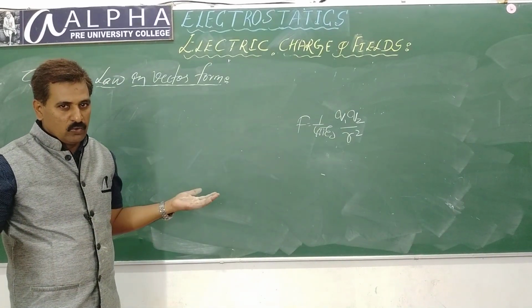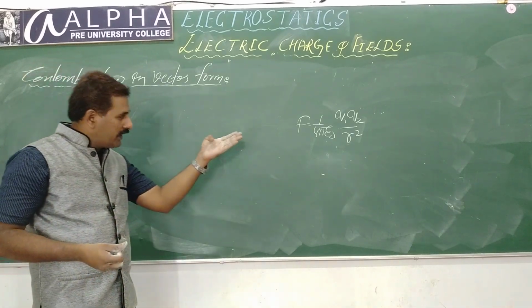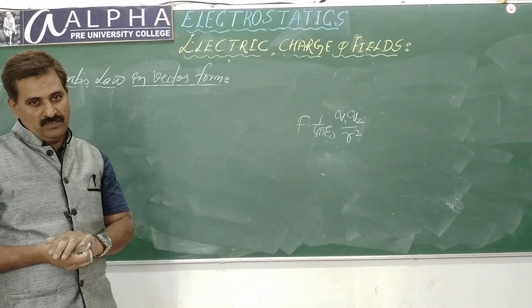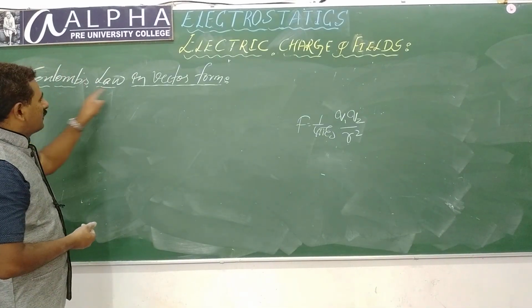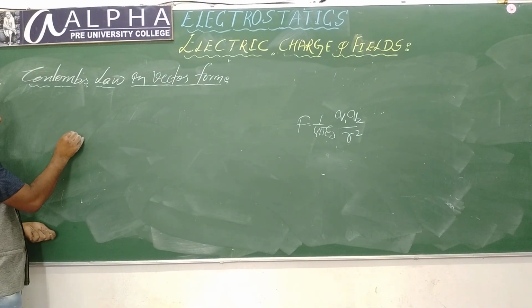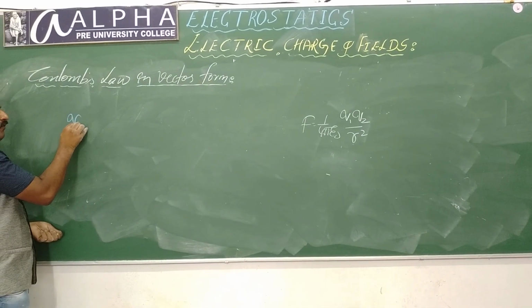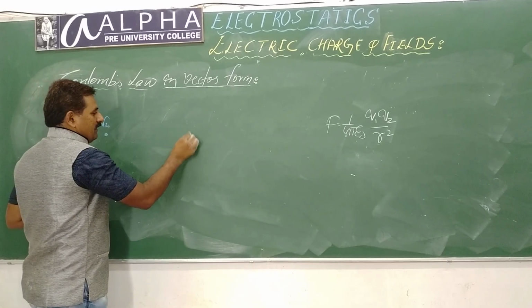We are dealing with Coulomb's law, which deals with electrical force. That's why we need to assign direction between two charges. That's why we discuss now Coulomb's law in vector form. Students, let us suppose this way. This is a charge Q1, symbol for charge is Q, remember. I consider another charge.